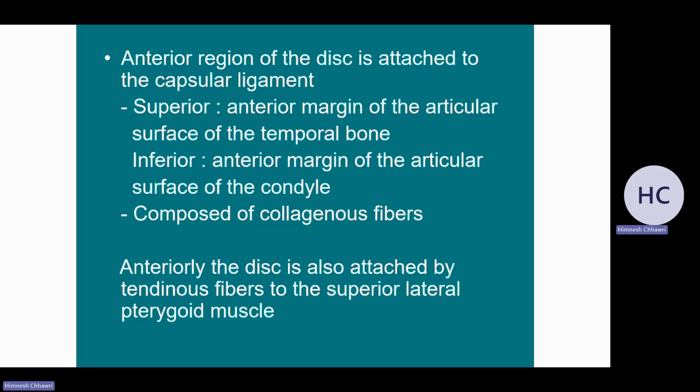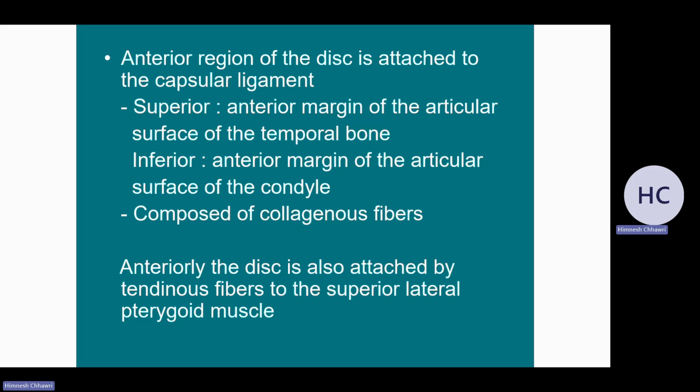The posterior part has the retrodiscal tissue, and the anterior part of the articular disc is attached to the capsular ligaments. Capsular ligament has two parts, the superior and inferior. The disc is also attached by tendinous fibers to the superior lateral pterygoid muscle. You must have learned about this in the insertion of lateral pterygoid muscle.